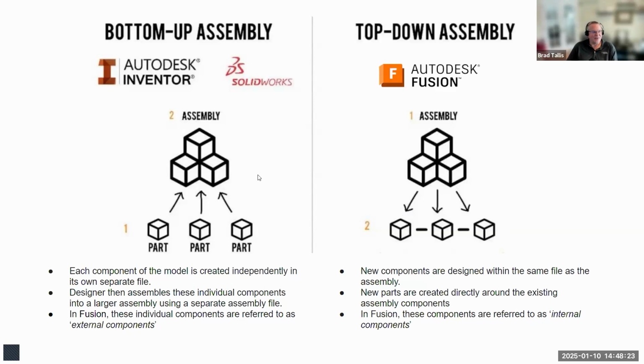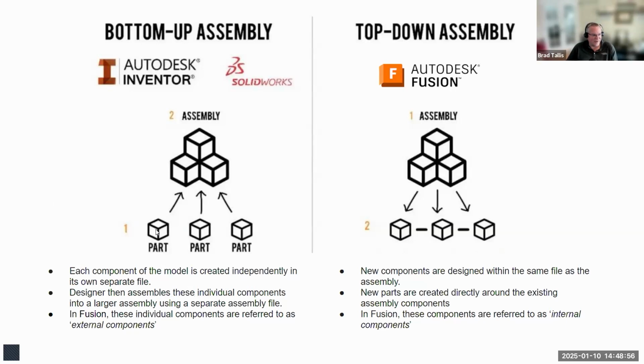Okay. Then there's also bottom-up assemblies. This is how Inventor, SolidWorks, Creo, those kinds of tools use the assembly structure. Each component is created independently in its own separate file. Then the designer assembles these individual parts into a larger assembly using a separate assembly file.